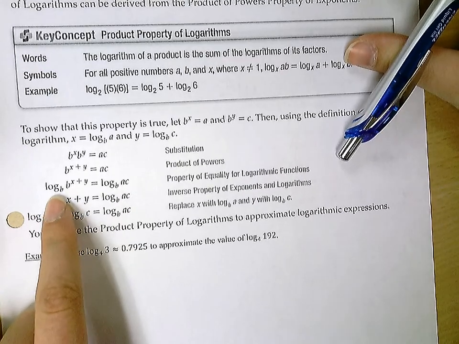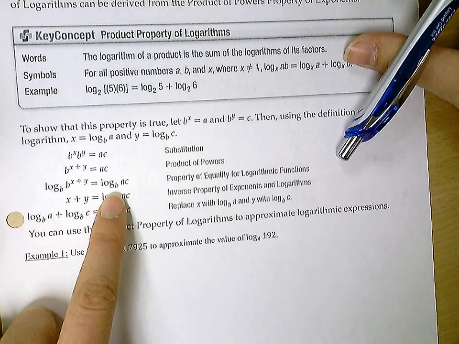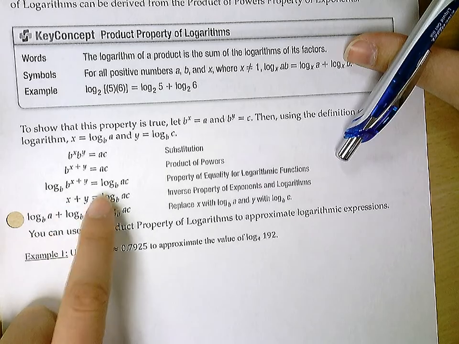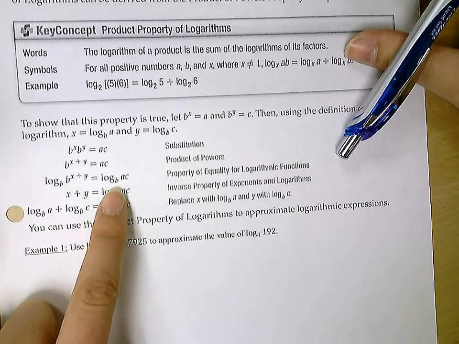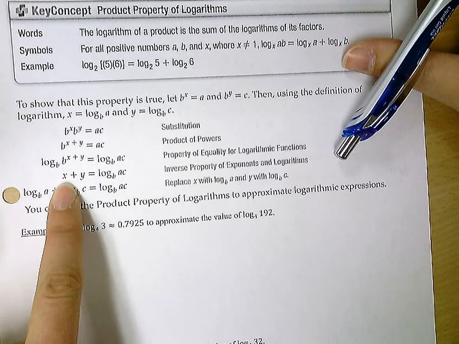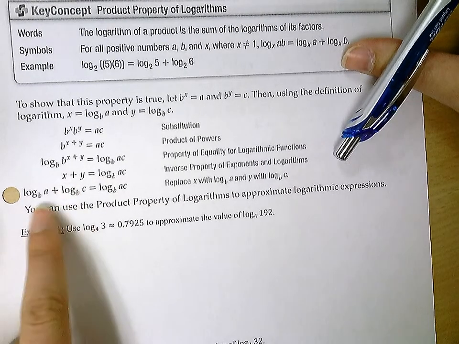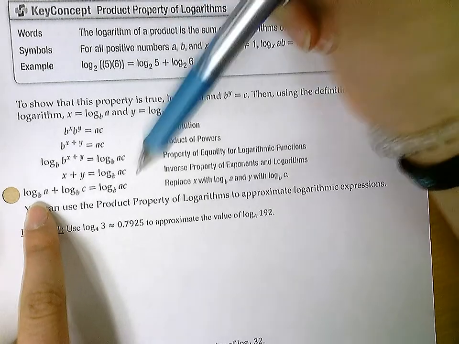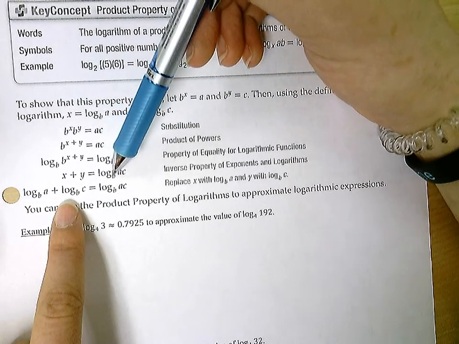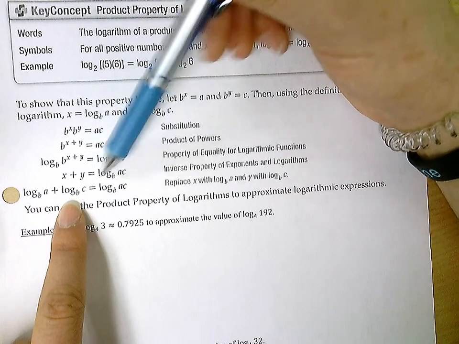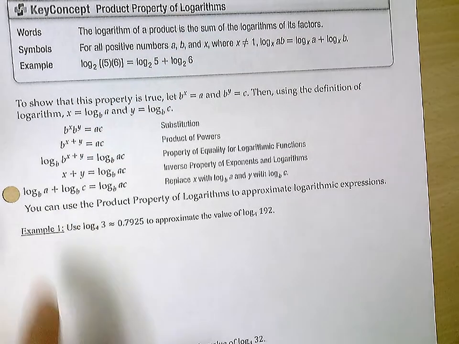If I bring in log base b to both sides, it cancels out that b right there, and I'm left with x plus y, and then I have log base b of ac. x was equal to log base b of a, so I can split this into log base b of a plus log base b of c equals log base b of ac.